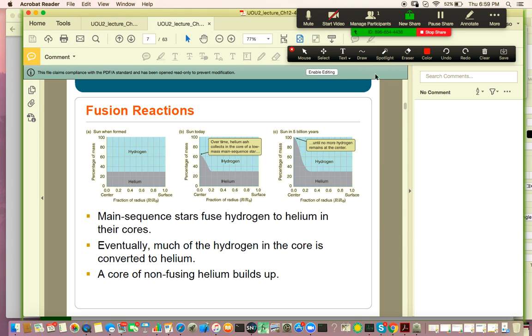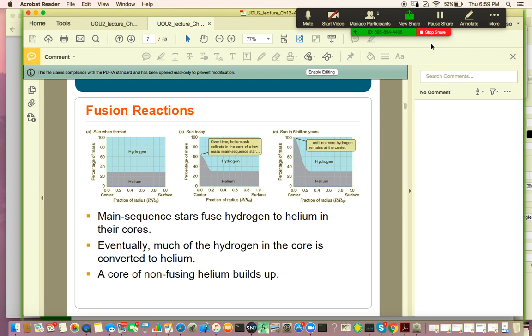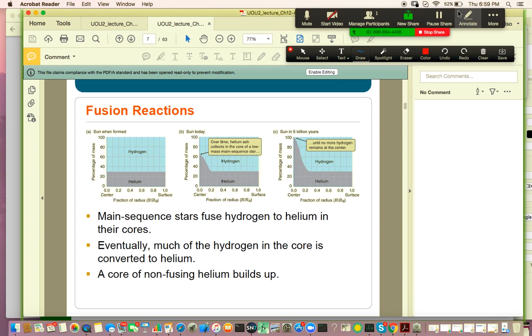So what are the fusion reactions that I was commenting on? Fusion reaction is the process by which energy is produced by the stars in their very core, and it is the one responsible for keeping the star shining for so long.